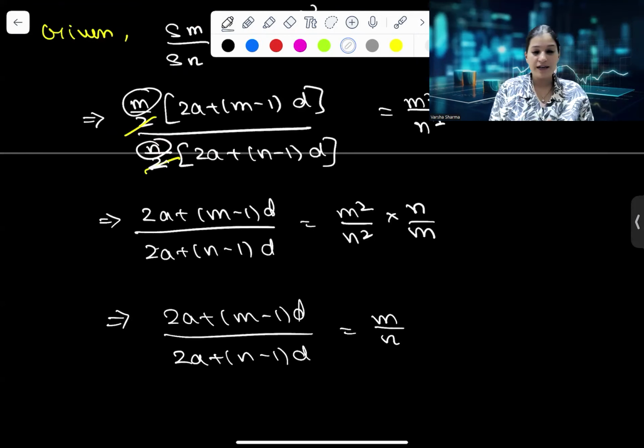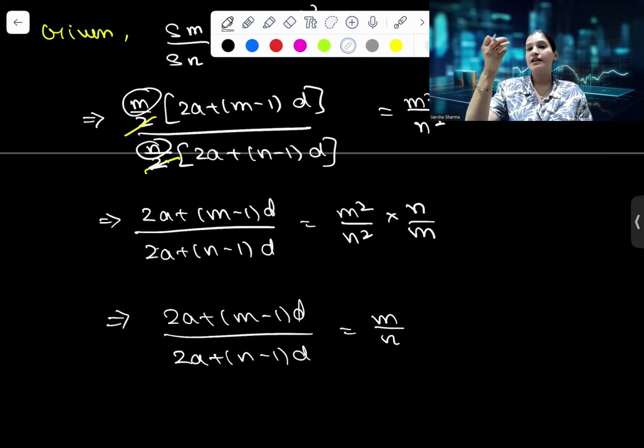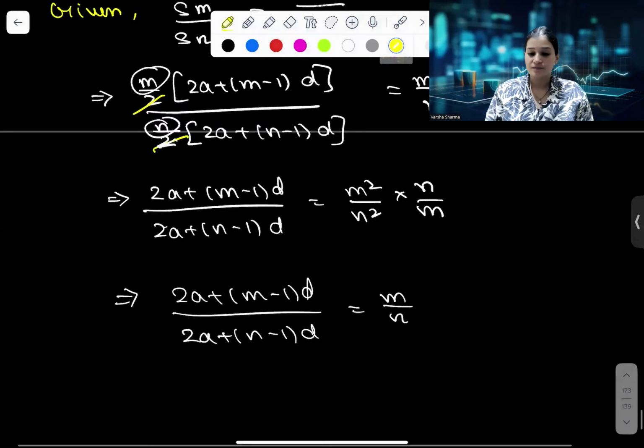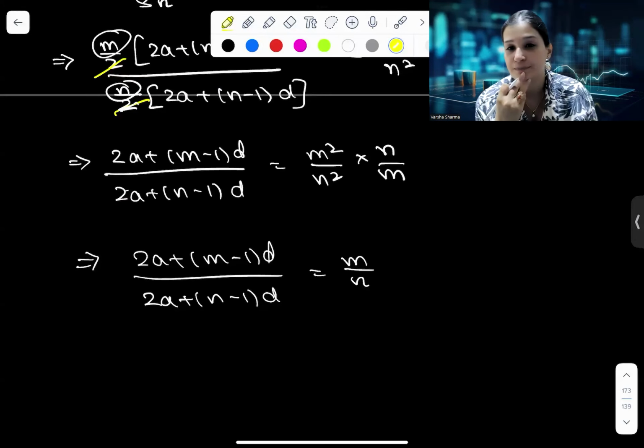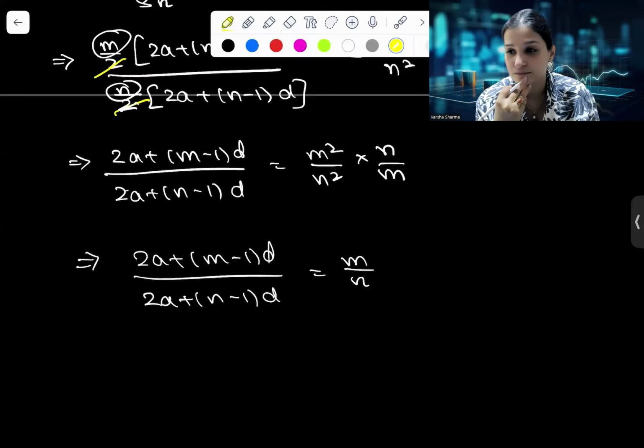So what we want is the ratio of the pth by qth term. In the numerator, I want the pth term, and in the denominator, I want the qth term. So can you all tell me what I should replace? 2p minus 1.